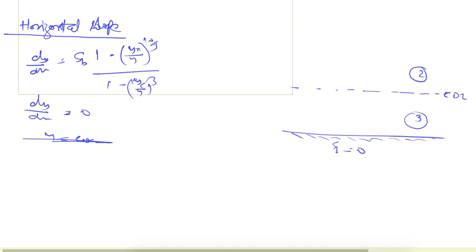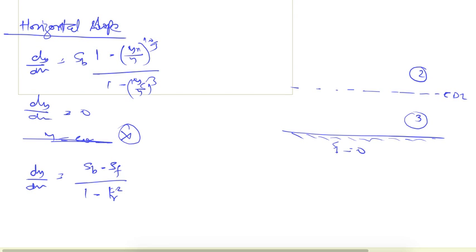But this will not be the case, because in this case uniform flow is not possible, so y cannot remain constant. So for studying this we can use our original equation, dy/dx = (Sb minus Sf) over (1 minus Fr square).